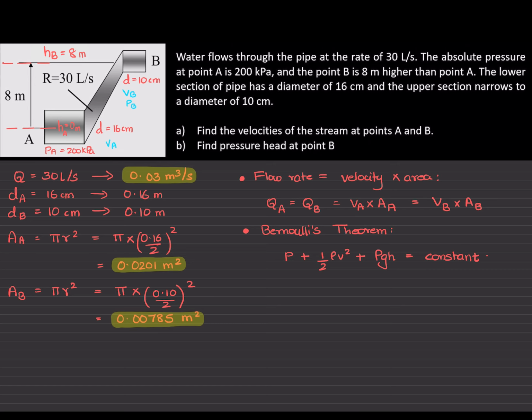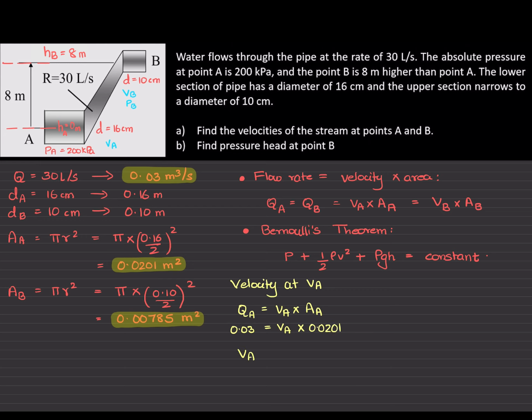All right, now let's input these values into the flow rate equation and work out the velocity. The flow rate at A equals velocity at A times cross-sectional area of A. We know that the flow rate is 0.03 equals VA, the velocity which we need to find, times the area, which is 0.0201.